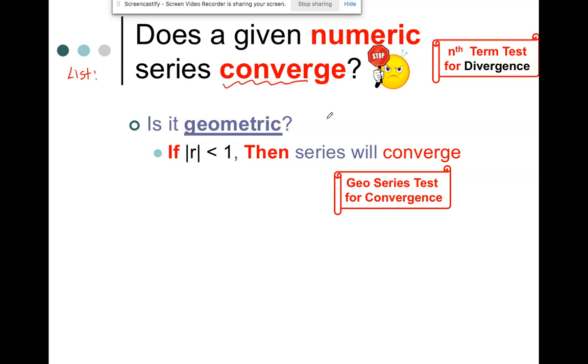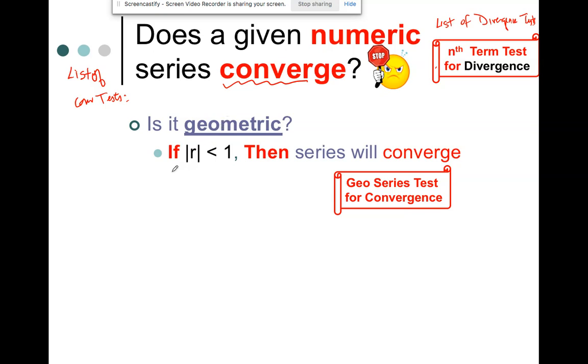So remember when I referred last time to a list of convergence tests. Your list of divergence tests has only one test on it. There's only one on it, and this is it. But your list of convergence tests is much longer.